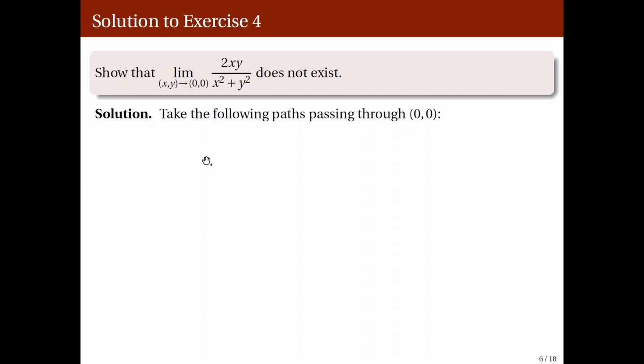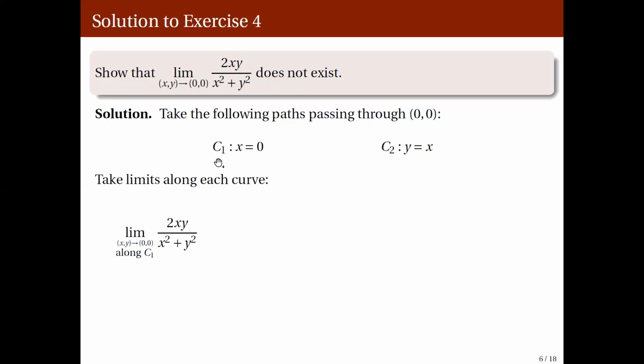Here, we will take C1 as the y-axis, x equals 0. While for C2, it's going to be y equals x. Try natin yan, no? Now, let's take limits along each curve for C1. So ito siya. Note that C1 is x equals 0. We just replaced it, yung sa baba.